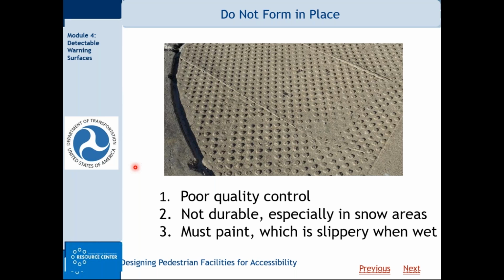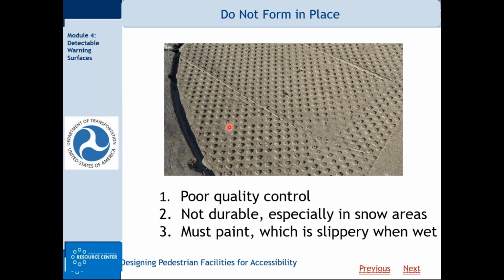And after the concrete's cured, you remove the mats. But notice one of the big issues is very poor quality control. Notice there's whole sections here where there's literally no domes. The other thing is, unless you color your concrete to get the color contrast requirement, you're going to have to paint this.